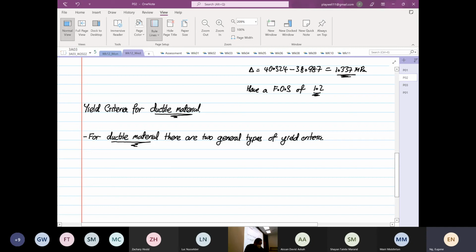Do we know it's ductile or not? Okay, so I'll list down a few materials that are ductile over here in general. Ductile materials are materials like low to medium carbon steel.